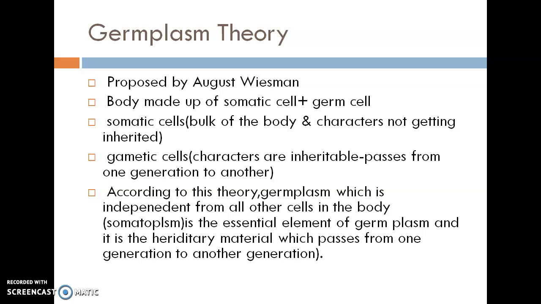So germplasm theory says that there are two different types of cells, somatic cells as well as germ cells, and the germ cells, or germplasm, are independent of all the rest of the body, that is the somatic cells, and the genes present in these germ cells contain the hereditary material which will be passed from one generation to the next generation.